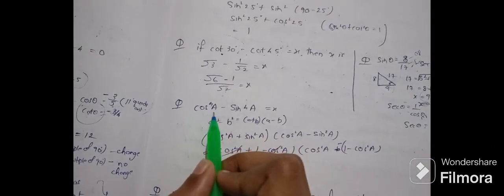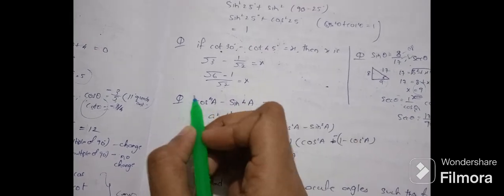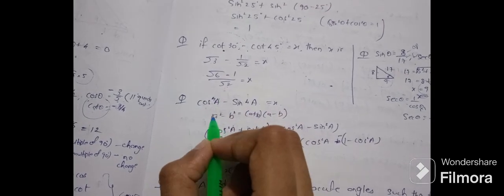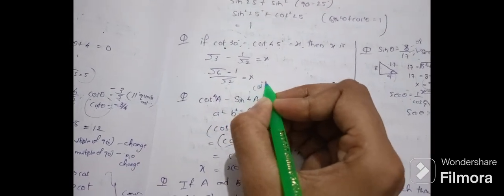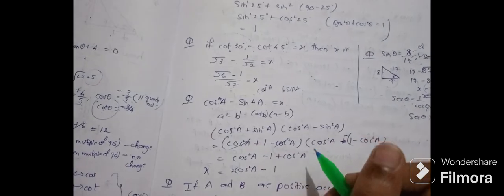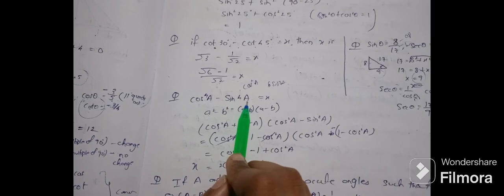Next, coming to this problem. Here cos power 4a minus sin power 4a is equal to x. Here they have considered it as a square. Then what is the a value here? Cos square a, and b value is sin square a. They took it in the form of a square minus b square, then the formula is a plus b into a minus b.